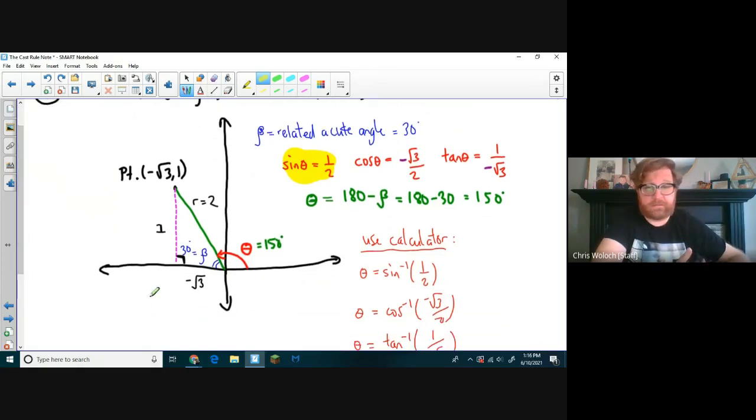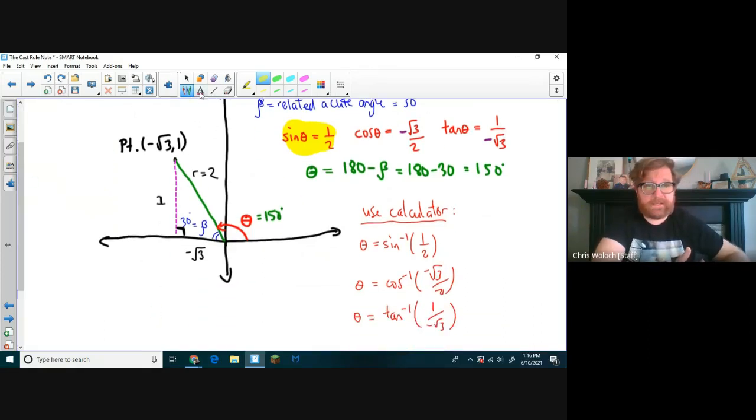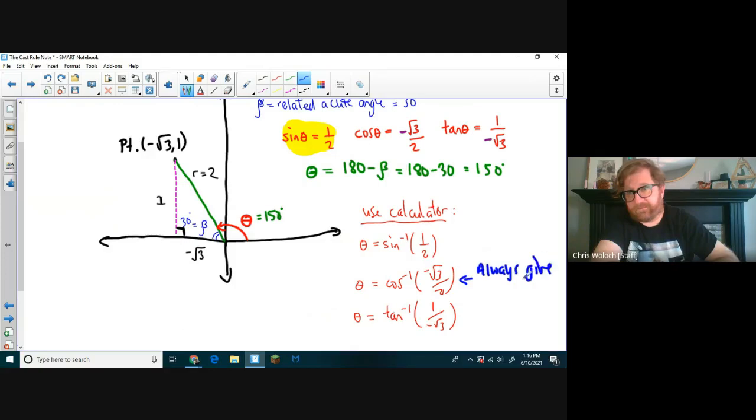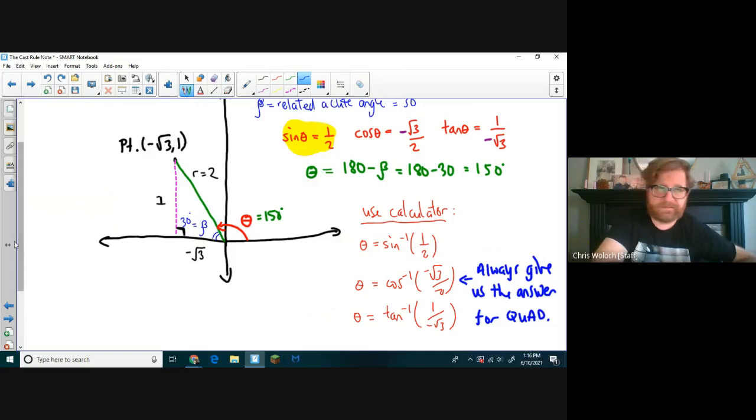And again, if we go back to the calculator in a sec, if I use cos, it will always give us the answer for anything in quadrant 2, when it's negative like this.